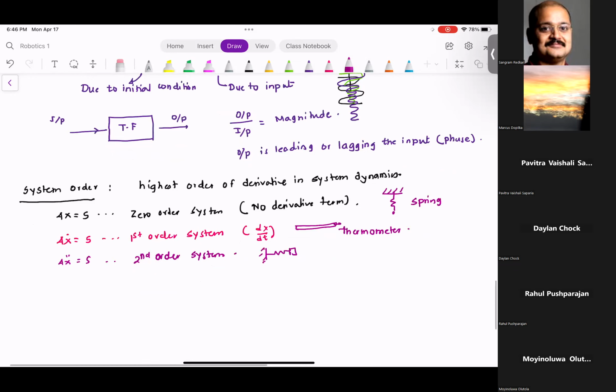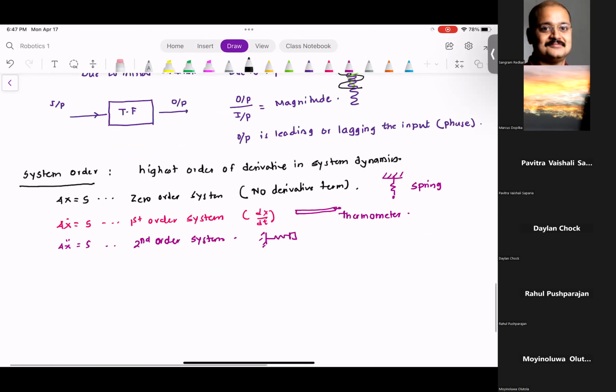So when we try to understand the behavior of the system, there are some important concepts that we need to take into account. First and foremost, there is the concept called the DC gain. So let's consider a first order system. First order system means the system will have only one derivative.